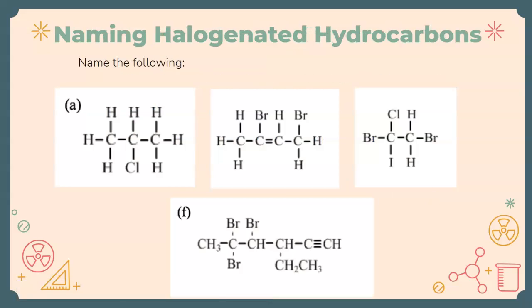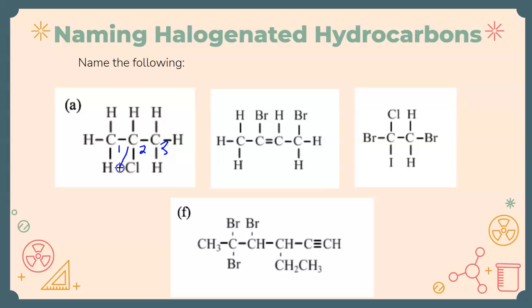So let's actually practice this. In our first example here, we have 1, 2, 3 carbons on our chain. Because it has 3 carbons, we're going to call it prop, propane, because it has only single bonds.